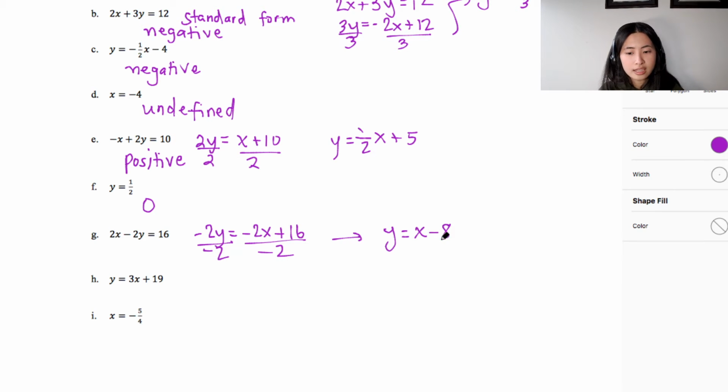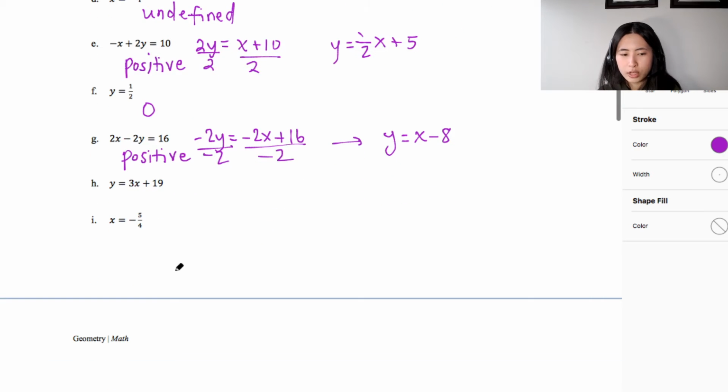So as you can see, the coefficient of x, which is the slope, is positive. This also has a positive slope because it's already in the slope-intercept form, so you don't really have to do much for letter H. So this is positive.